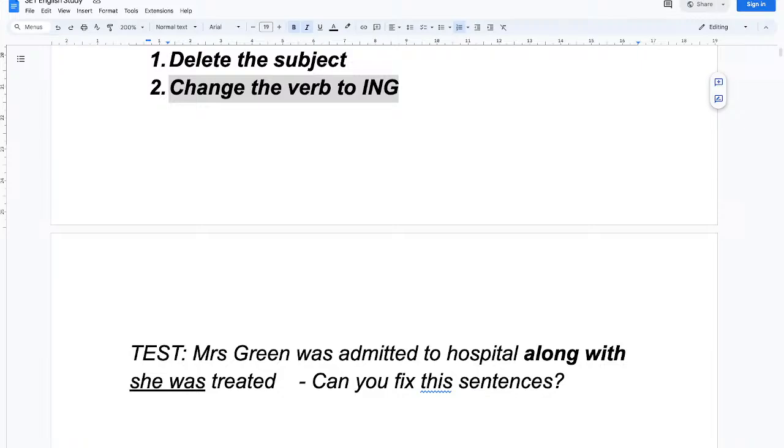All right, so do we have any answers? Can you fix this sentence? Delete the subject, change the verb.